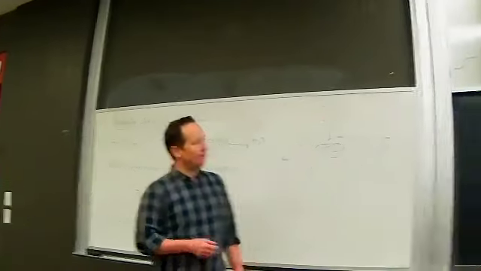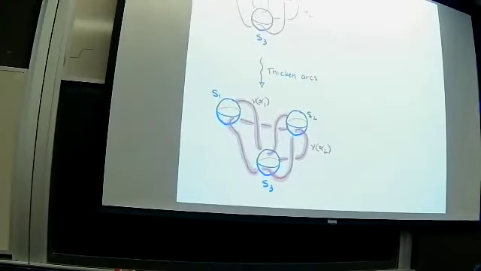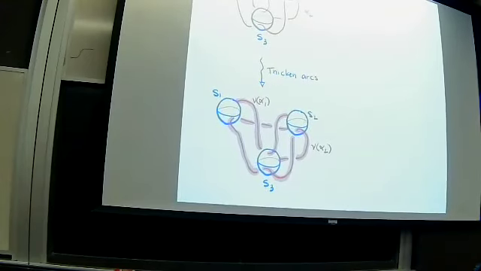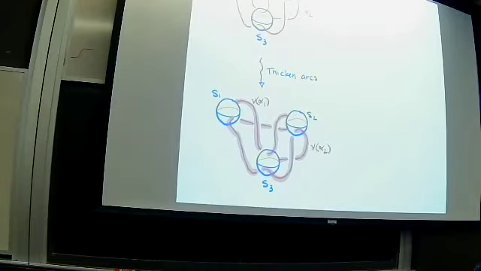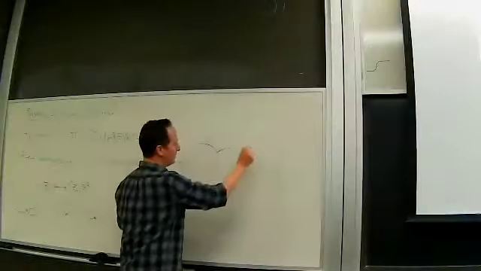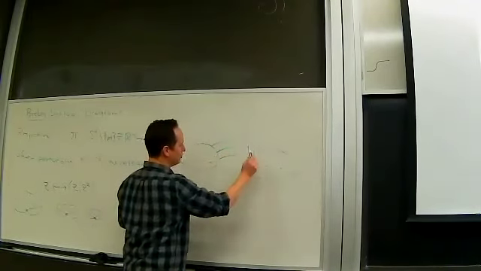So I'm creating a little thickening of these arcs. And then I'm going to do surgery on the 2 spheres along these arcs. By surgery, what I mean is, I've got 2 copies. Here, I'll just draw a simpler picture. I've got some arc here, okay? I'm going to thicken this arc up and make it a little tube.